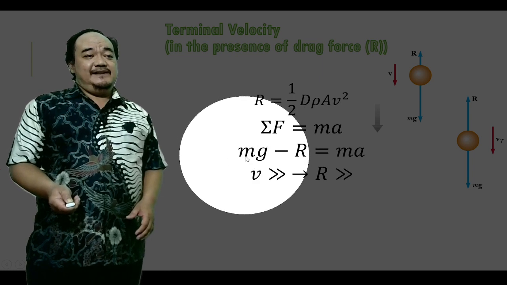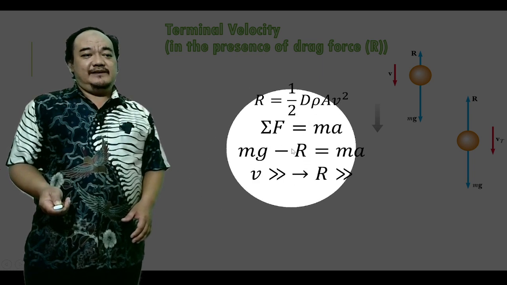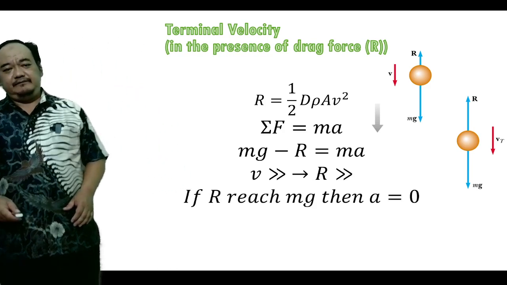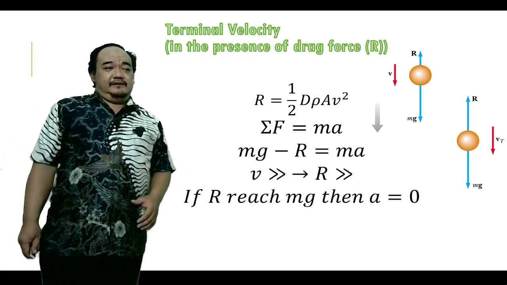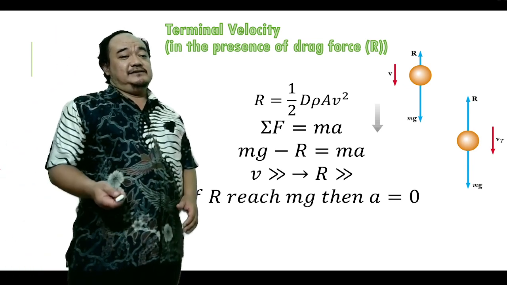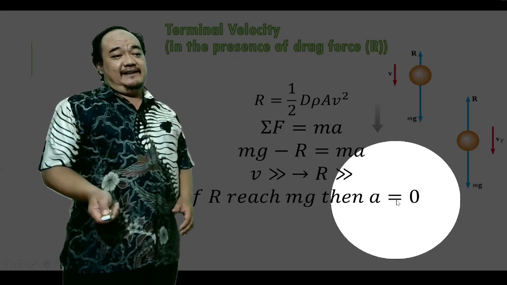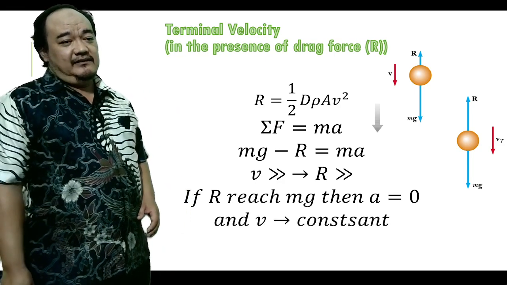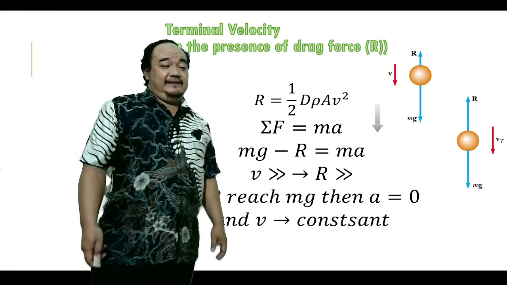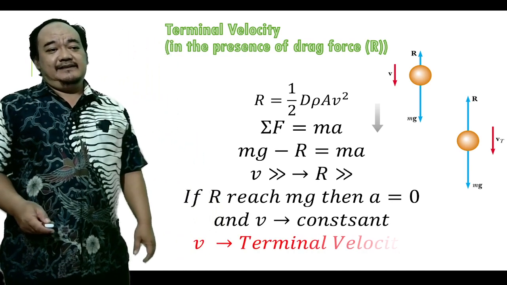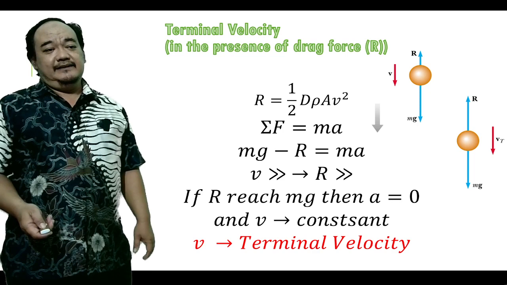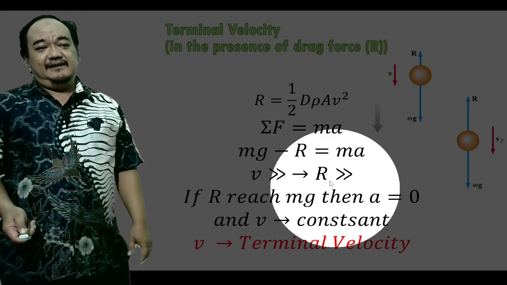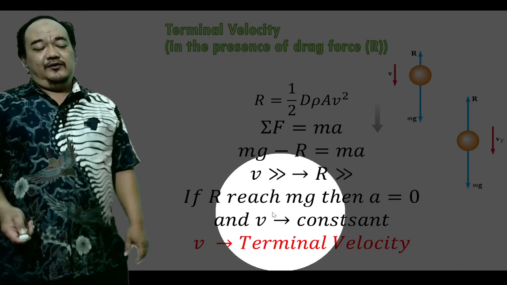So if mg equals drag force, it means the acceleration is 0. Now, because the acceleration is 0, the velocity of the object when falling to the ground is constant. And this condition we call the terminal velocity, the velocity when the object reaches the constant velocity.